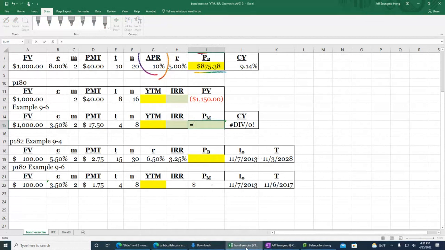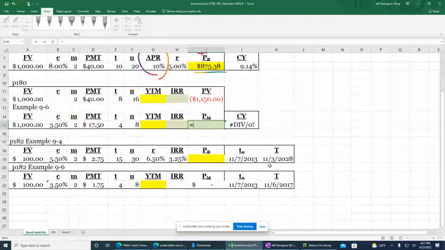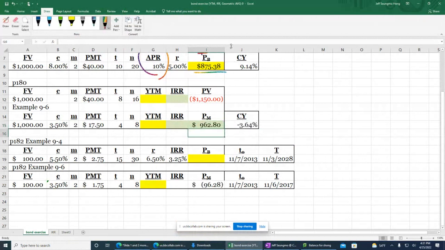Suppose this is 96280. Okay, I'll put it as negative. So here, you see what I did? I entered this as negative.